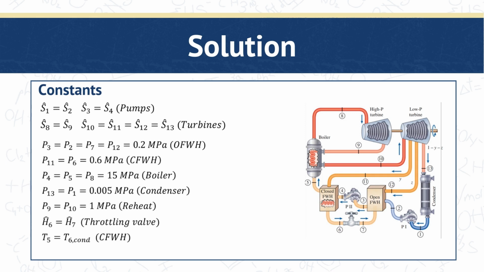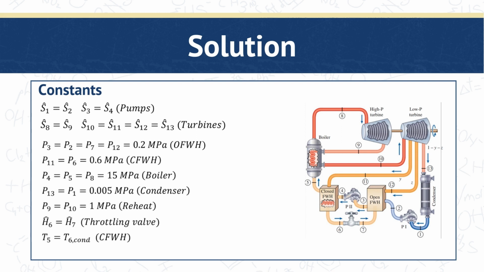So the steam that reheats stream 4 is isobaric, meaning that what goes in and what goes out is at the same pressure. Again, for the closed feed water heater, P4 is equal to P5. P5 is automatically equal to P8 because the boiler operates isobarically.